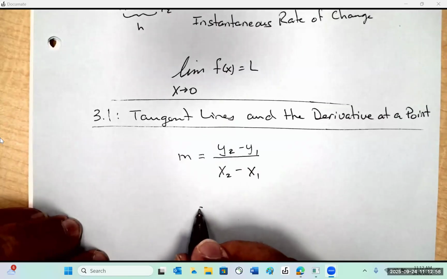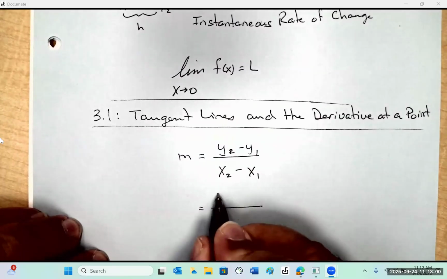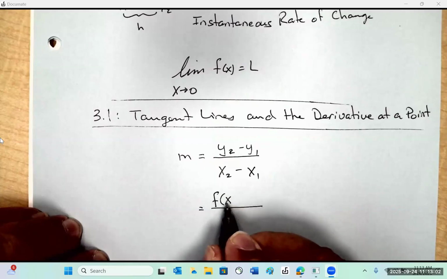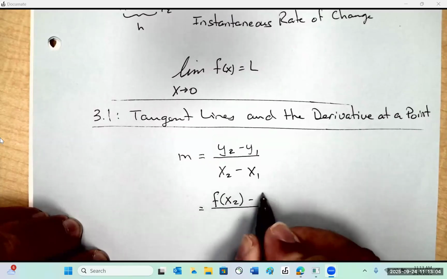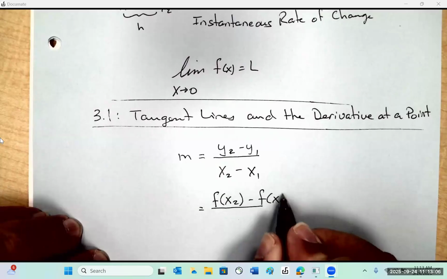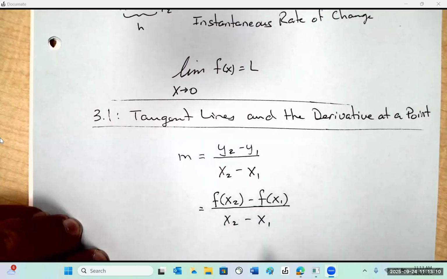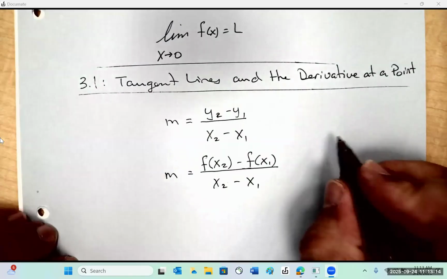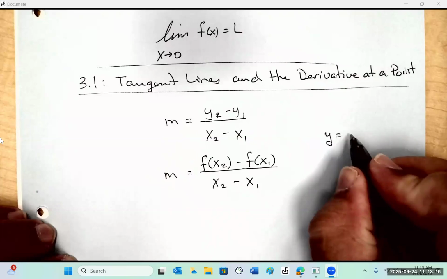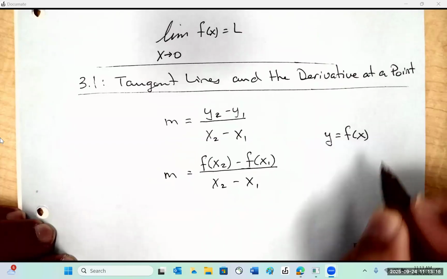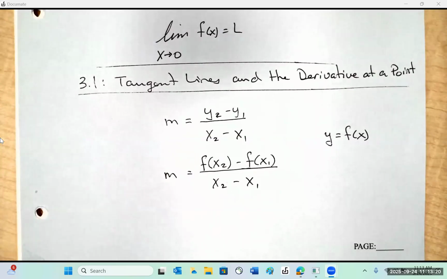In algebra, we then learned about functions, because for a function, instead of y, we put f of x. Here we go. Here's the packet for this chapter. I know I should have put it back there, shouldn't I?